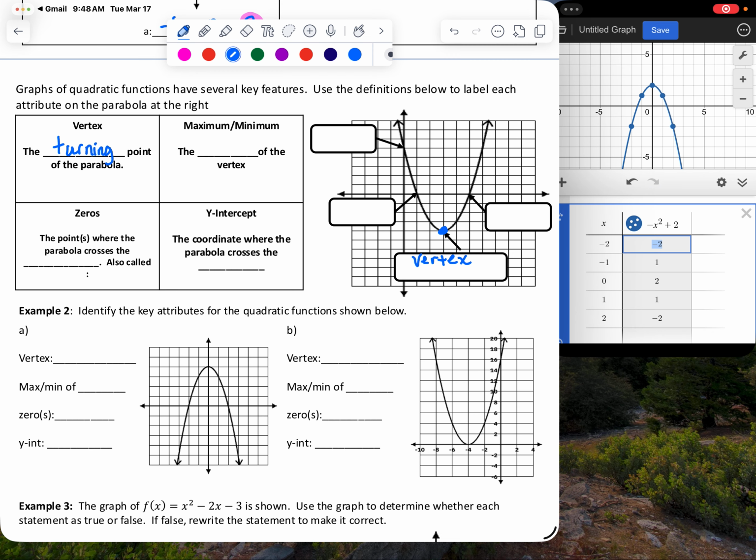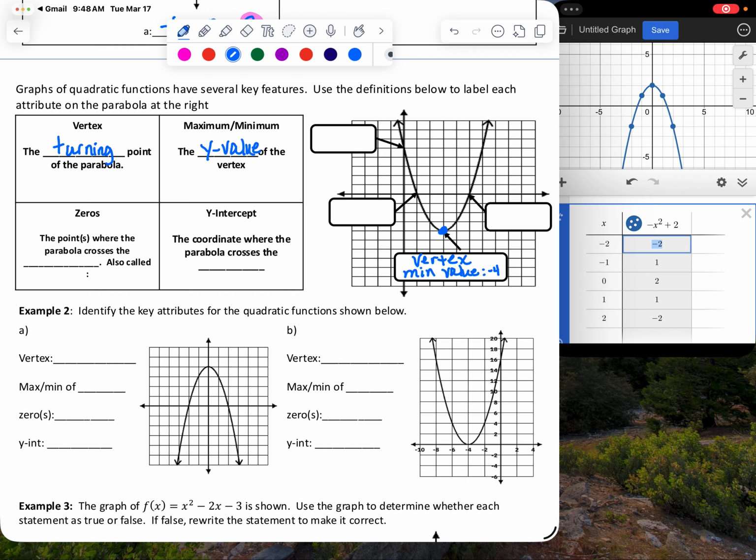Now, the maximum or minimum of the parabola is the y value of the vertex. So this particular parabola has a minimum value of -4.